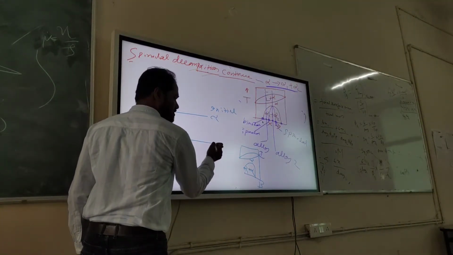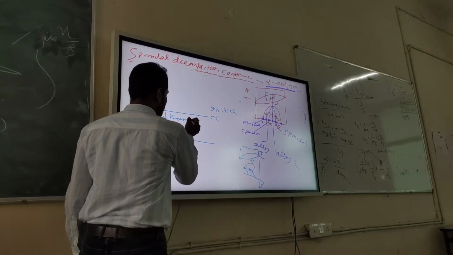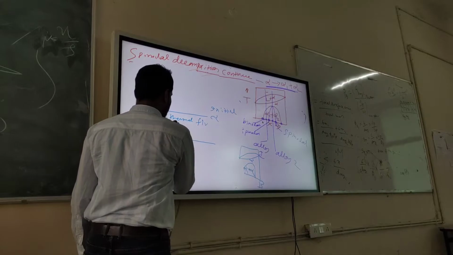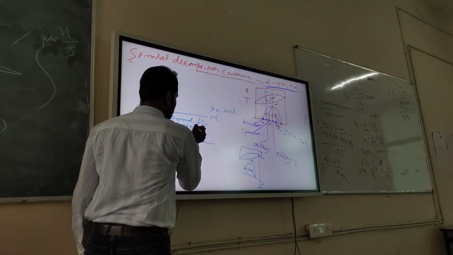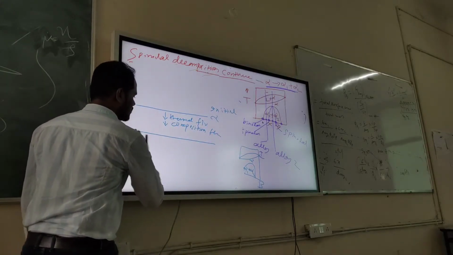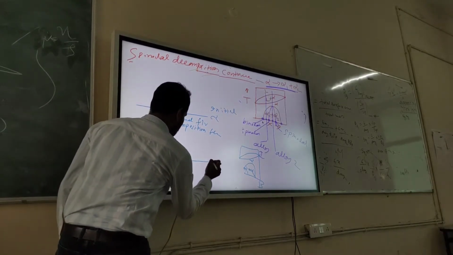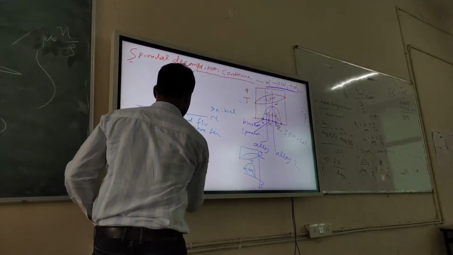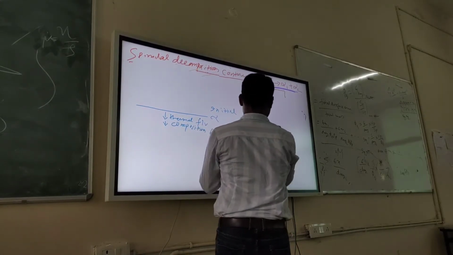So what happens? Next, thermal fluctuation has started. I can write: thermal fluctuation will give you compositional fluctuation. Right? So let me draw it here. What happens basically?